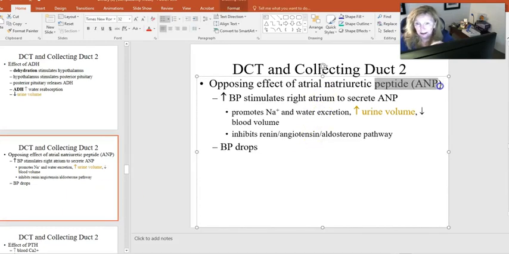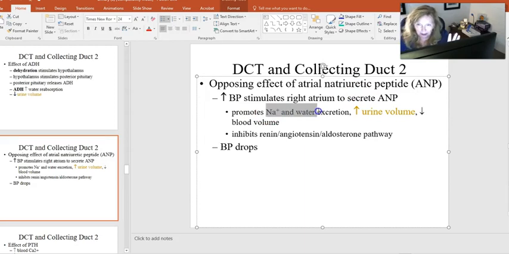ANF is really the opposite of what aldosterone does. I call it ANF or ANP, peptide or factor. This is from the heart, which is going to secrete this hormone to cause sodium excretion.